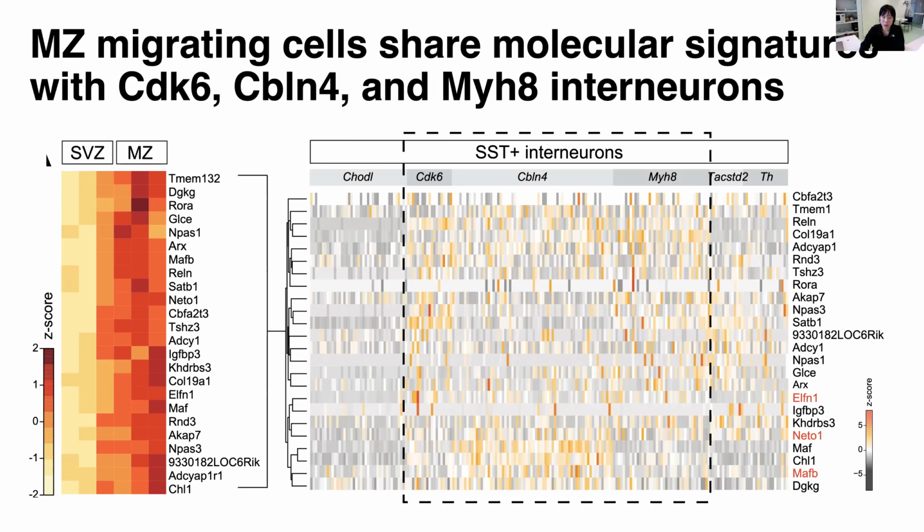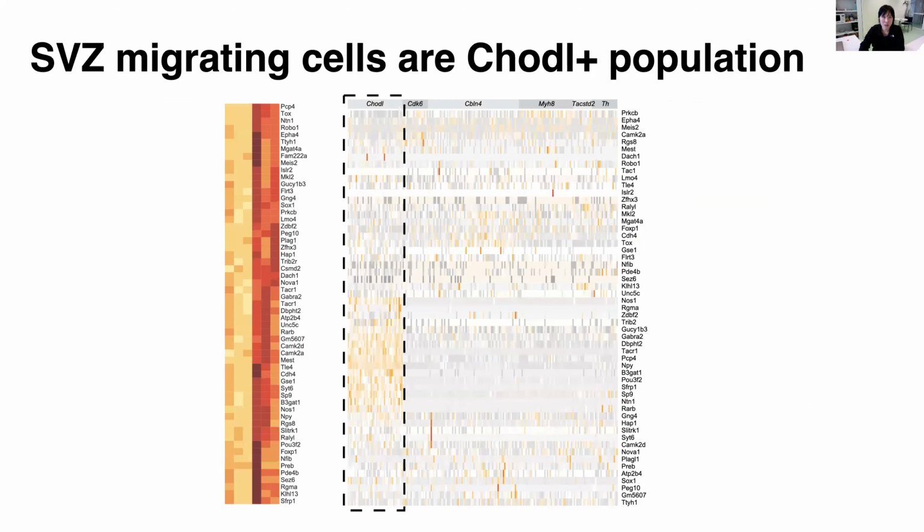We can do the same experiment with the genes that are enriched in the subventricular zone. And what we find is that subventricular zone migrating cells share a very similar molecular signature with the Chodl-positive population. I'll come back to this a little bit later, but let me move on.